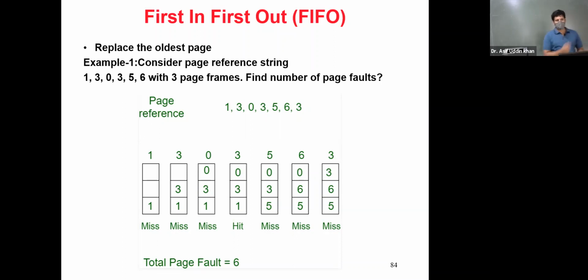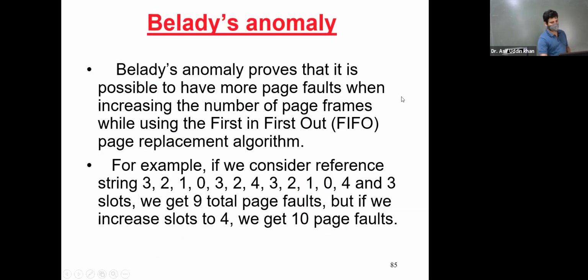Okay. So in the case of First In First Out, in some situations, if you increase the number of frames, the page faults increase. This is the exception, and this is known as Belady's anomaly, because Belady, the scientist, observed this. You can check this with this reference string.